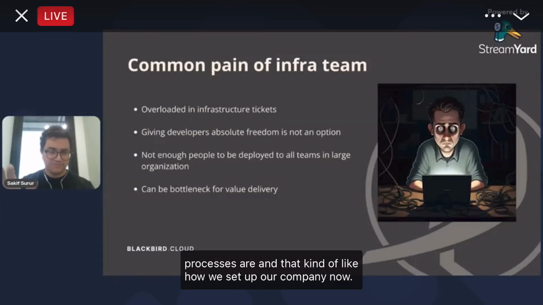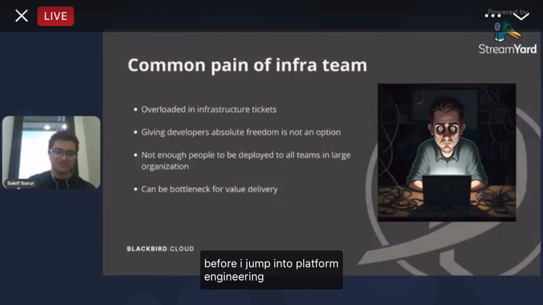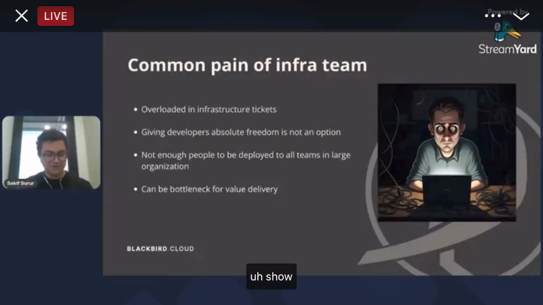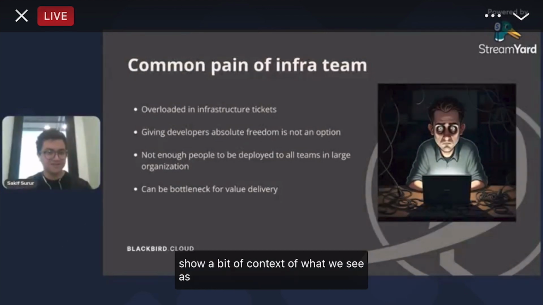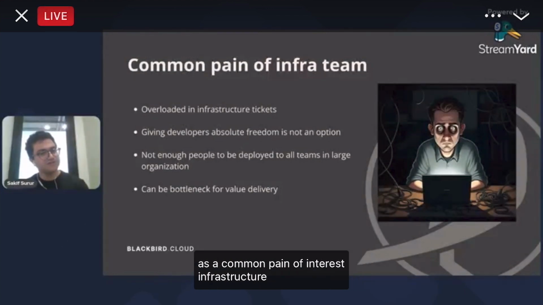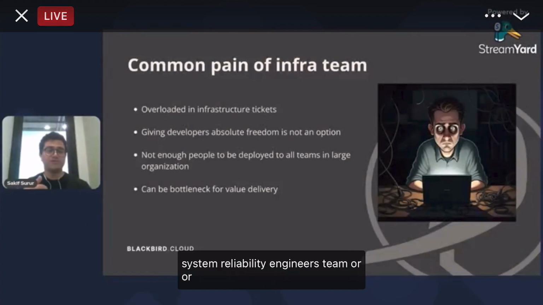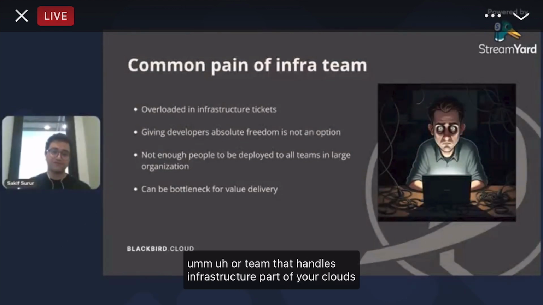Now, before I jump into platform engineering, I would like to show a bit of context of what we see as a common pain of an infrastructure team, be it an SRE or site reliability engineers team, or sysadmin or DevOps team, you name it. There are different names for a group of people, or a team, that handles the infrastructure part of your cloud.